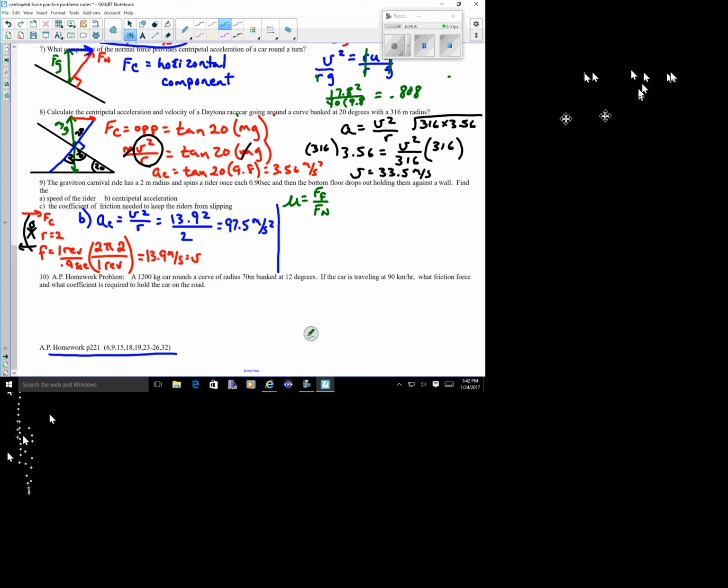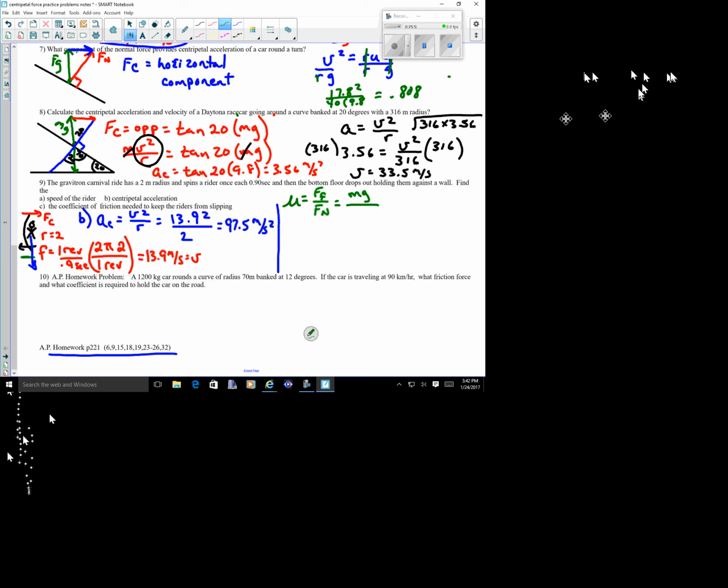Now, I want you to look over here at this black rider, the black diagram with the rider on that. The friction force actually keeps the rider from going downward. So the friction against the wall keeps the rider from going like this. So that means that the friction must be equal to the person's weight. Well, if you remember, weight was mass times gravity.